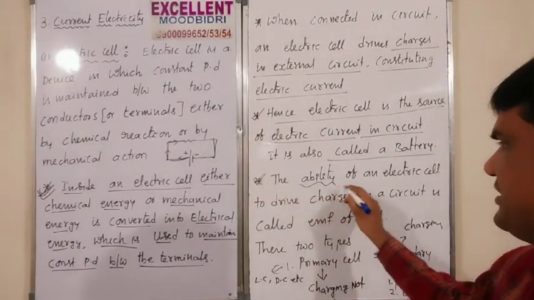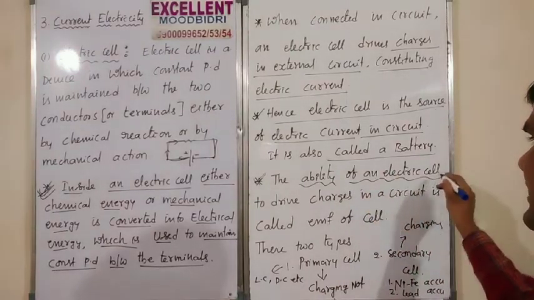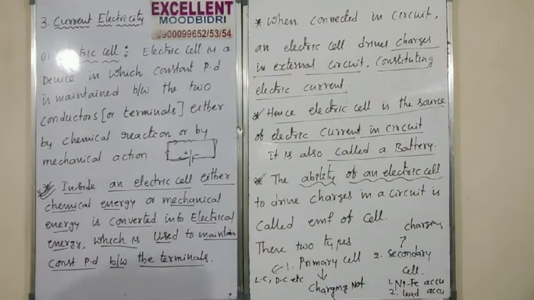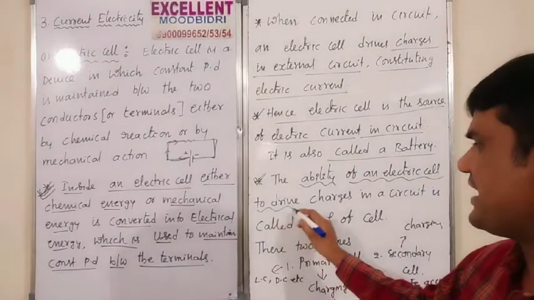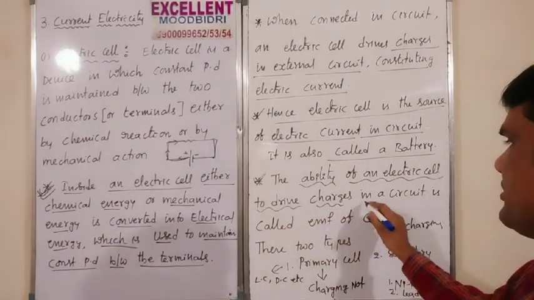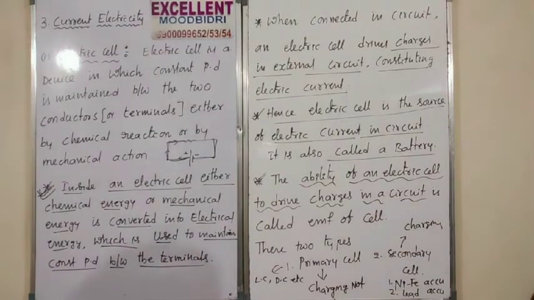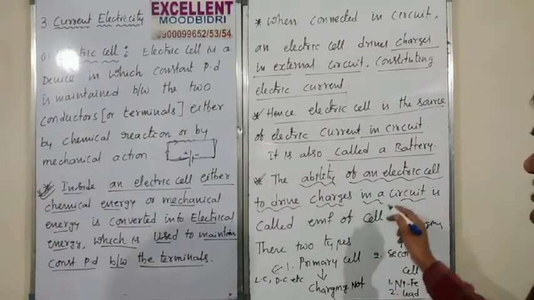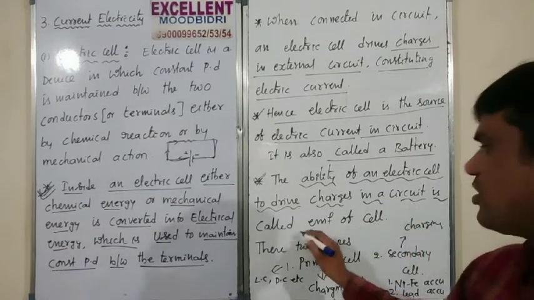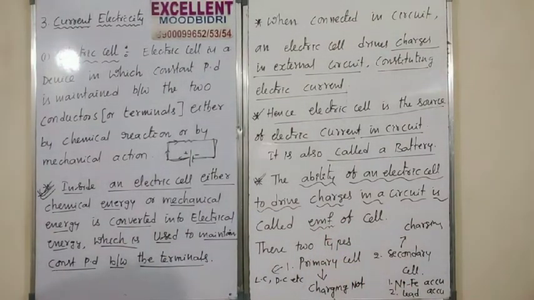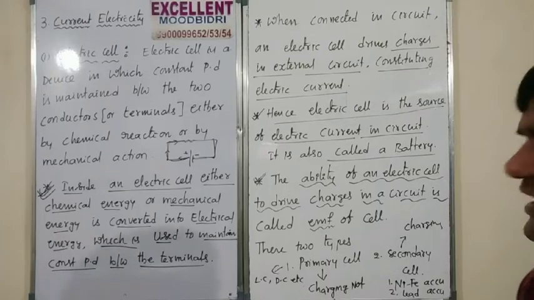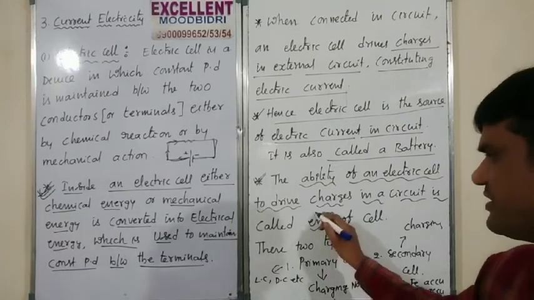One more point. The ability of an electric cell to drive charges in a circuit is called EMF, electromotive force. Later I will also explain this one. This is very important.